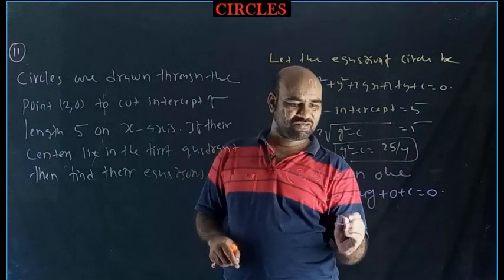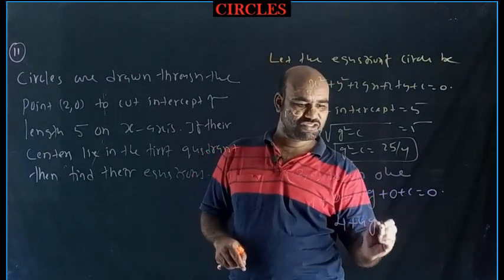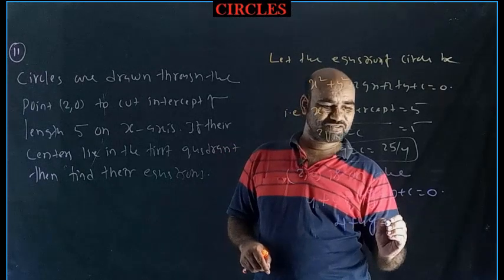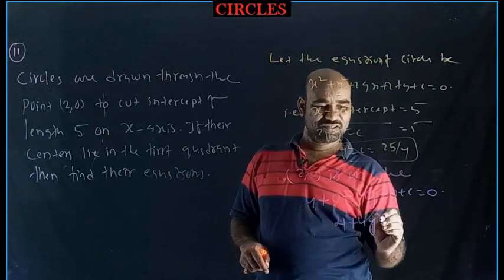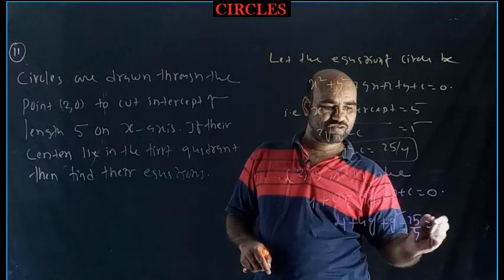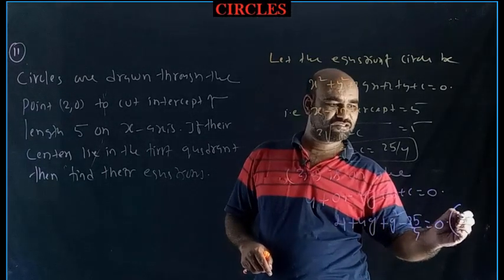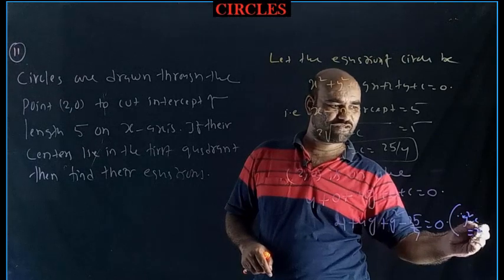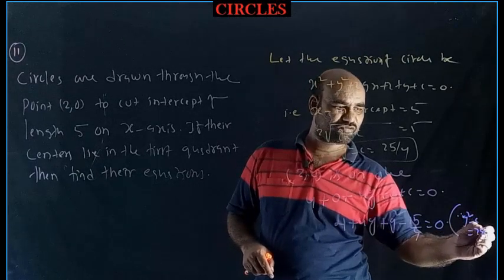So what happened here? 4 plus 4g plus c. Instead of c, what can I write here? Plus g square minus 25 by 4 equal to 0, since g square minus c equal to 25 by 4.